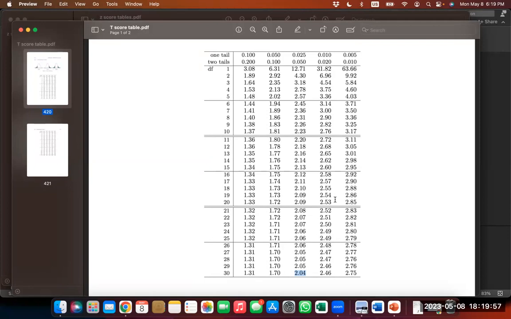So that's your critical t. If your t estimate exceeds 2.04, say it's 2.05, your t is larger in the two-tailed test, and you have significantly rejected your null hypothesis. That's the cutoff.